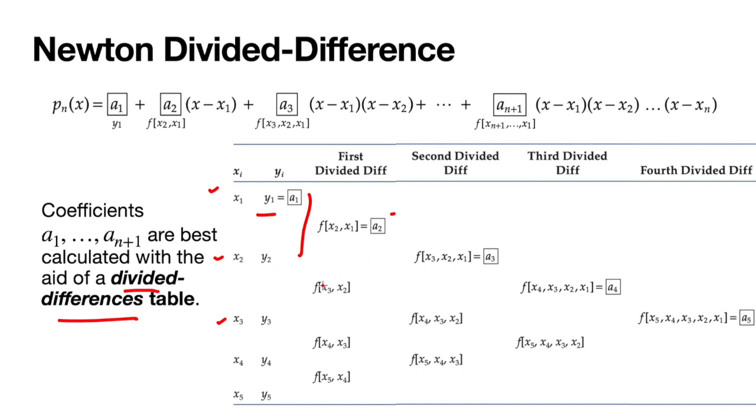Similarly, we can calculate this function, which is y3 minus y2 divided by x3 minus x2. Our a3 is based on these two functions: this quantity minus this quantity over x3 minus x1. We can keep going forward and get the values of a3, a4, a5. If we compute this table, it will be very easy to calculate these coefficients.